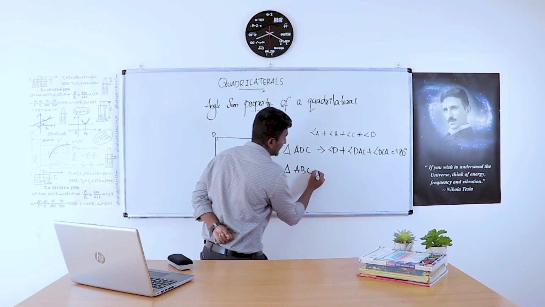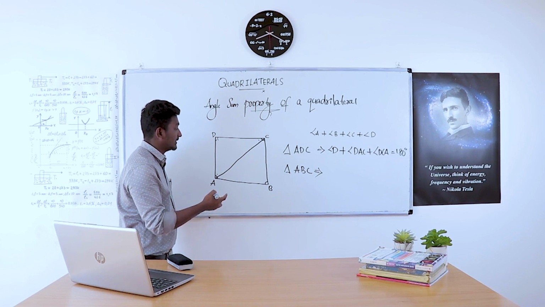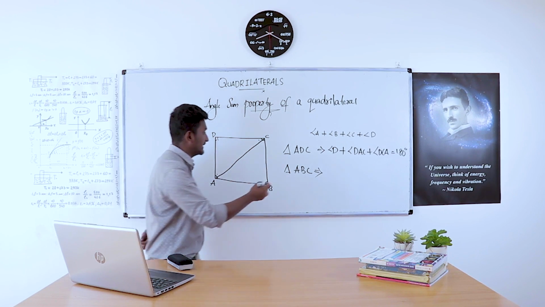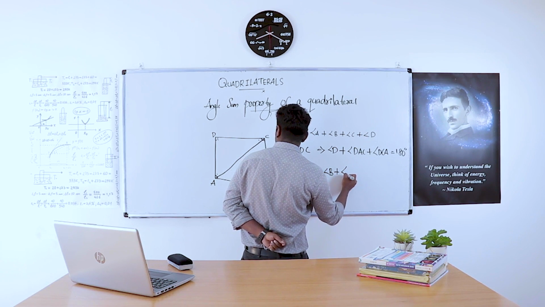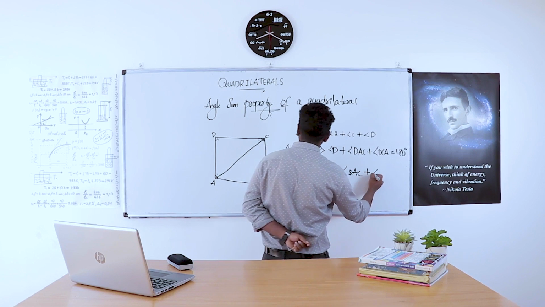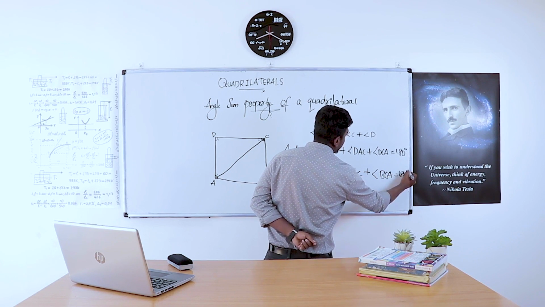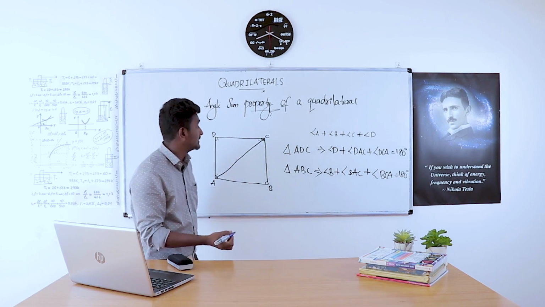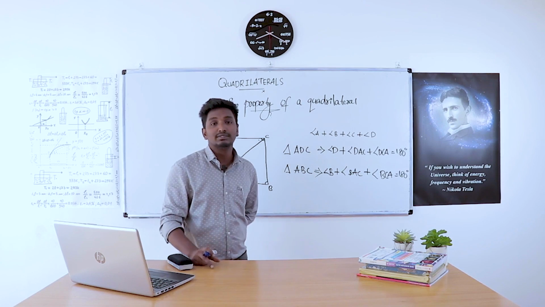Now look at triangle ABC. In triangle ABC, all the three angles, that is angle B plus angle BAC plus angle BCA, are equal to 180 degrees, because in a triangle the sum of the interior angles is 180 degrees.